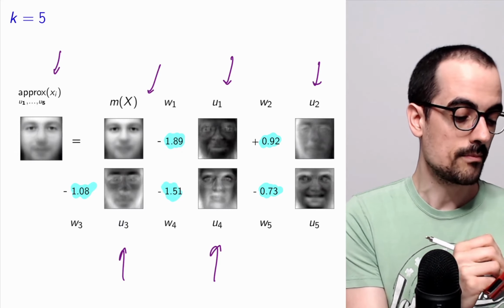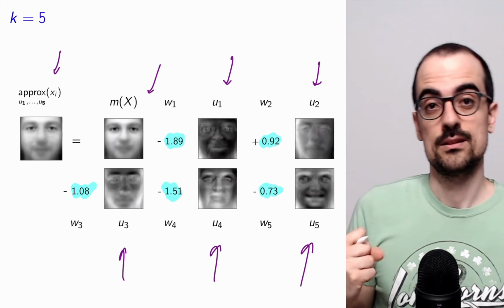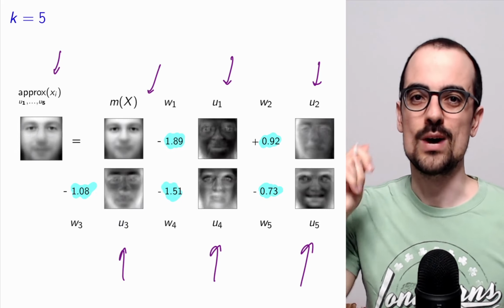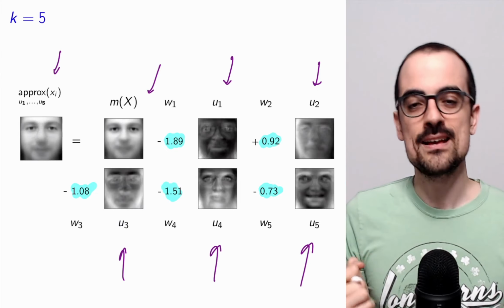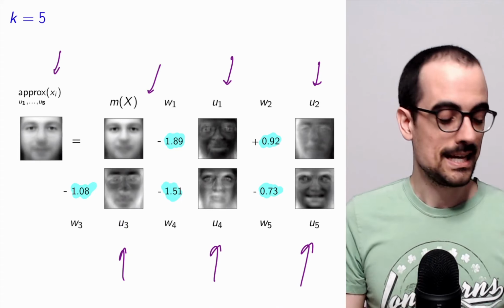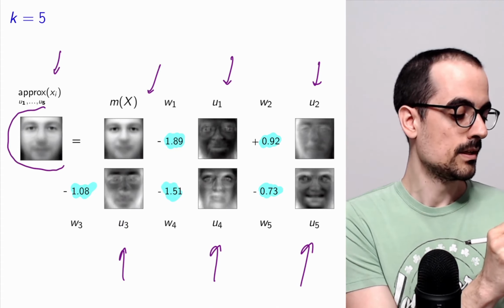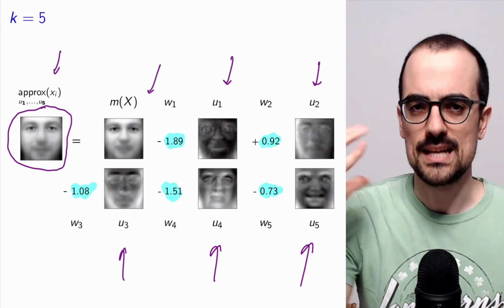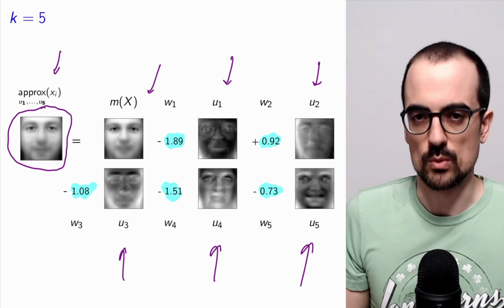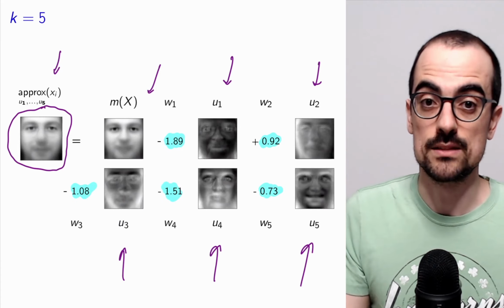To see what information we are losing, we can reconstruct the low dimensional face in the original space by multiplying each of the components with the corresponding principal directions, adding back the mean, and what we see is that we have preserved mostly coarse level structure in the face. That's what we have preserved in this 5-dimensional representation of this face.